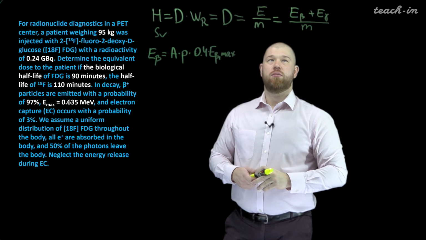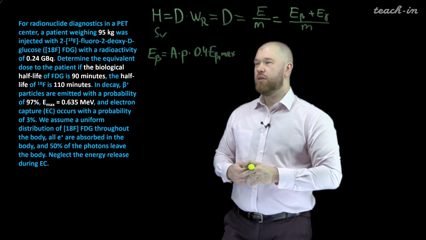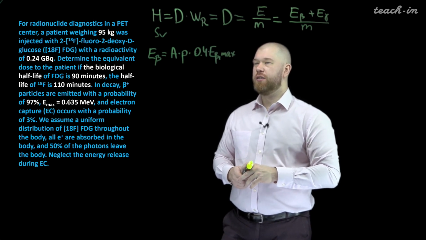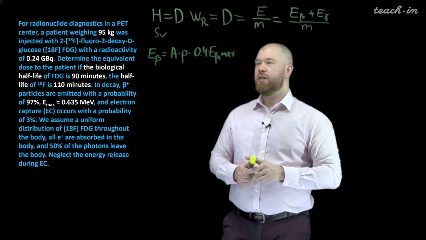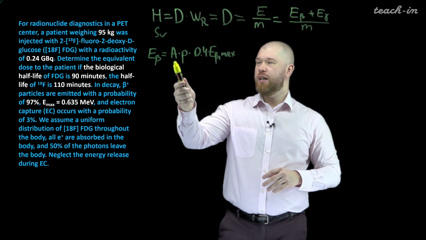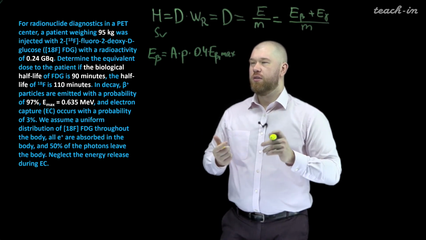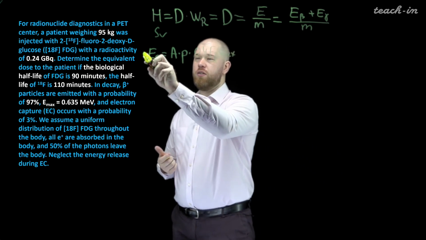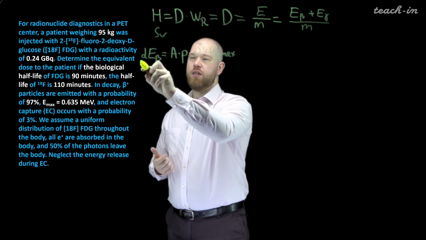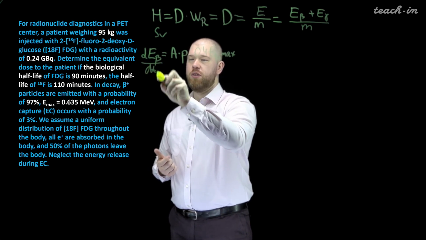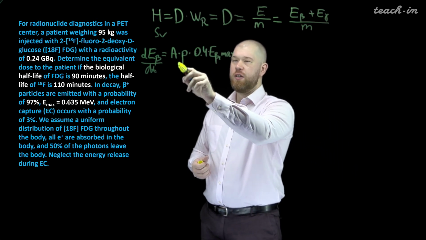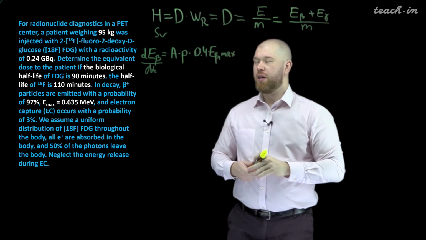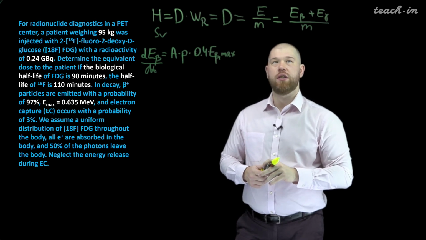But it is not the whole energy that is absorbed by the body, it is the energy per second, so we can write it like dE/dt. Because here it's activity and we don't know the time, and we will see it later.